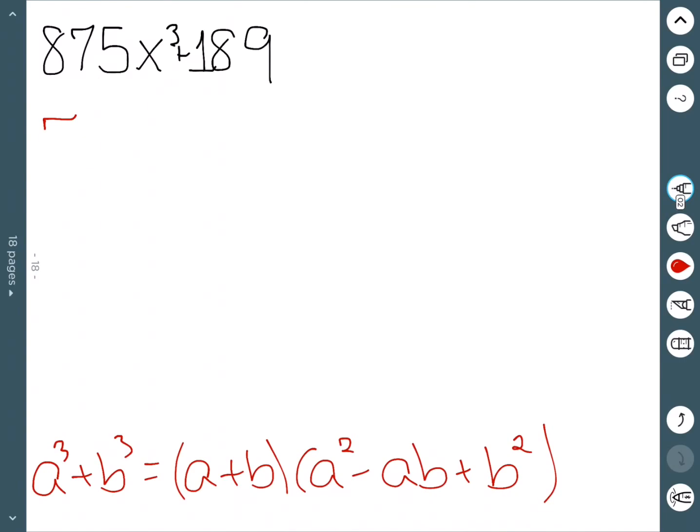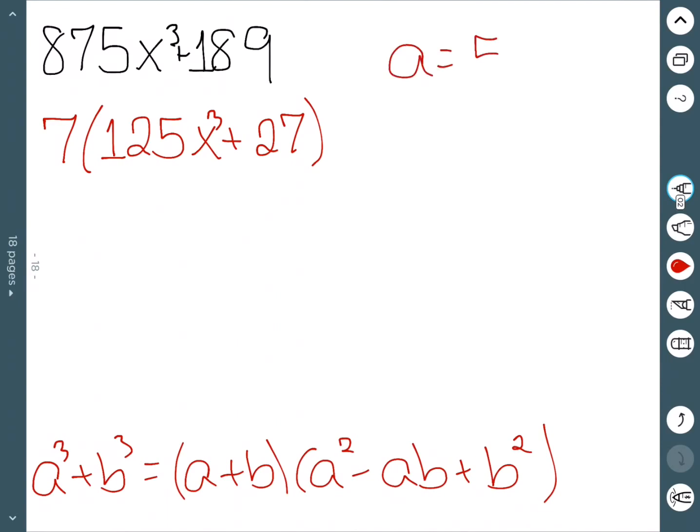And these do. They have a 7 in common. When I remove the 7, I'm left with 125x cubed plus 27. And now we actually have the sum of cubes. In this case, a will be 5x, since when I cube that, I get 125x cubed.